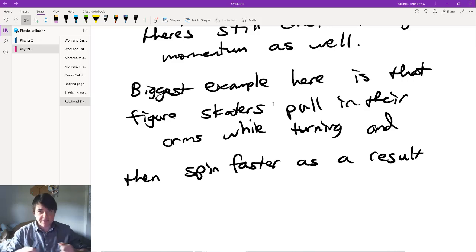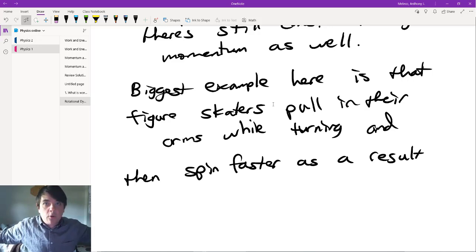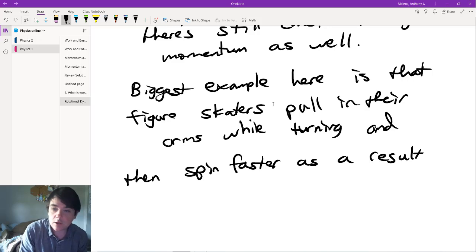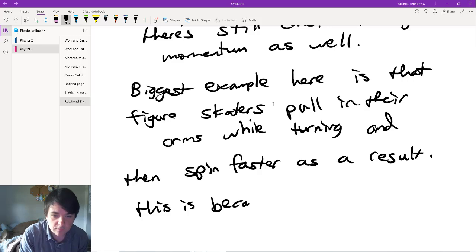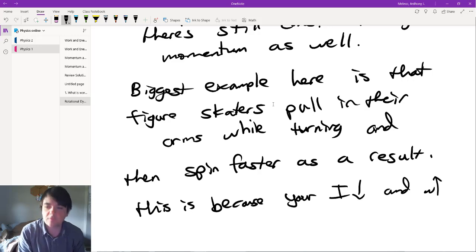The reason that happens is when your arms are spread out, your moment of inertia is larger, and so as you pull in, you're reducing your moment of inertia or your resistance to rotation. And so that increases your angular velocity as a result. So this is because your I decreases and omega increases. This is just what we did with conservation of momentum, right?